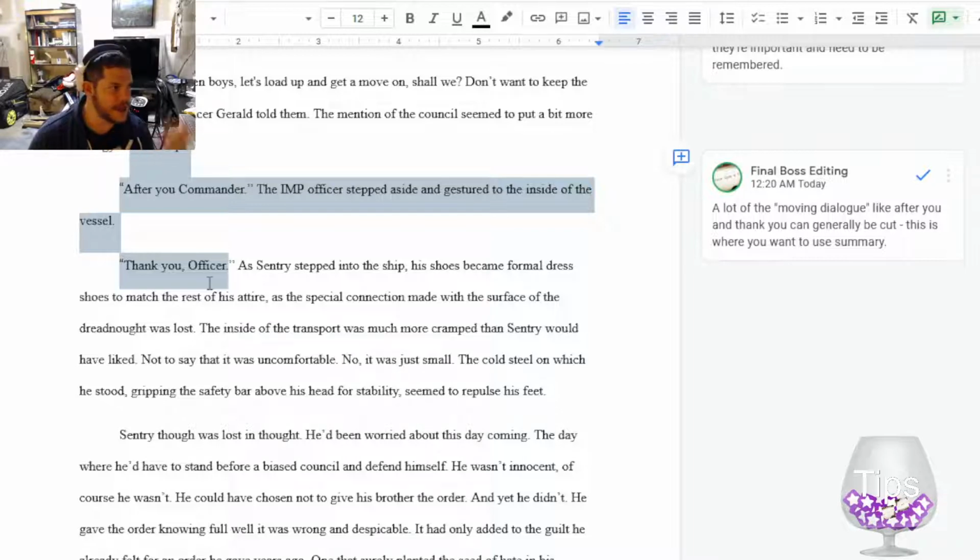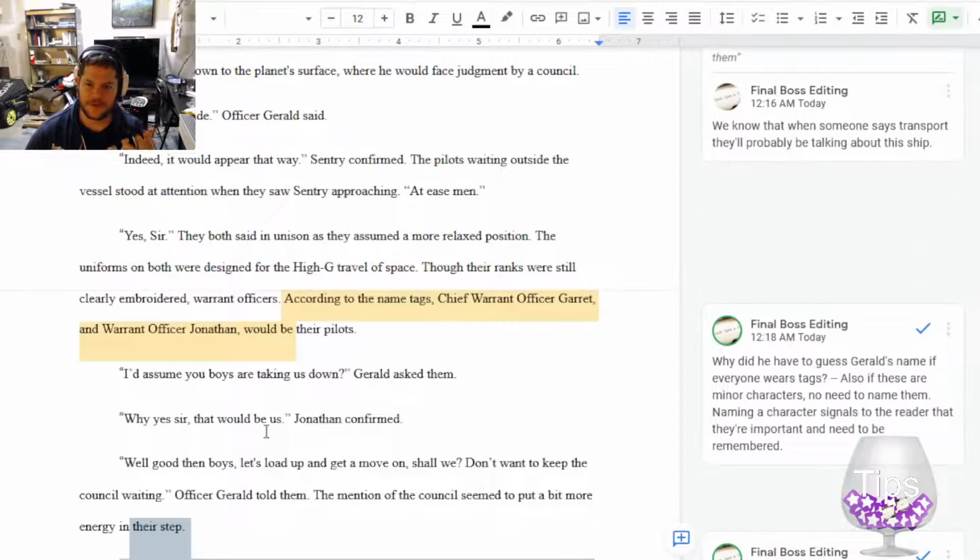Just saying, okay, hey, go ahead and get on the ship. Go ahead, after you, thank you. That stuff you can just say, instead of even this, well done, get a move on, boys. This type of stuff is probably not super necessary. So you can just say, I assume you boys are taking this down. Well, actually, that would be Jonathan confirmed.